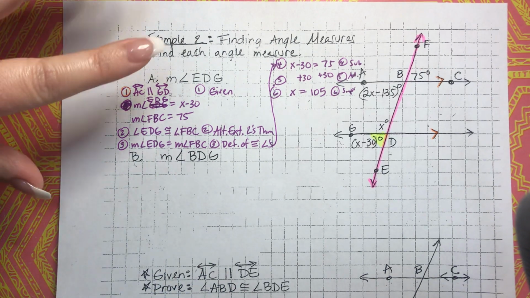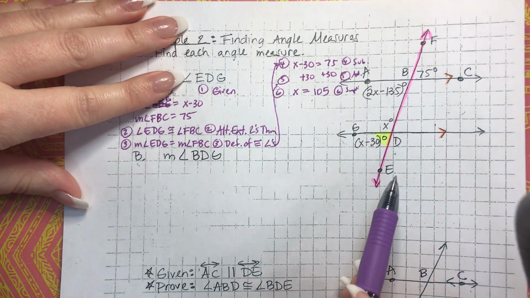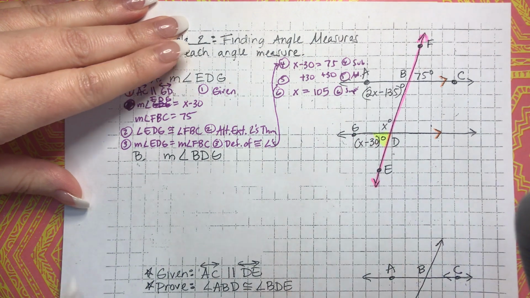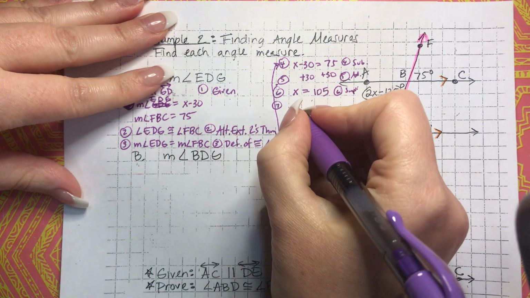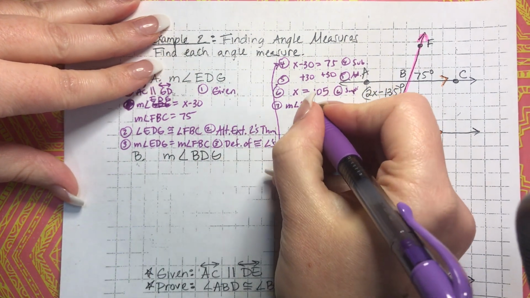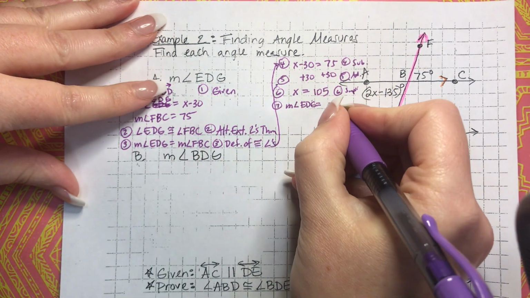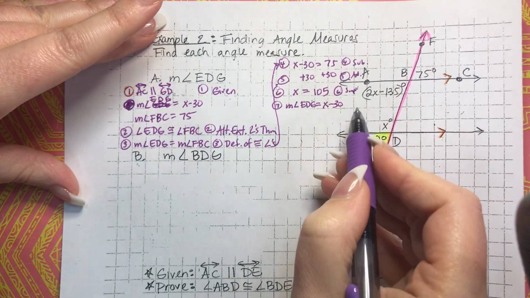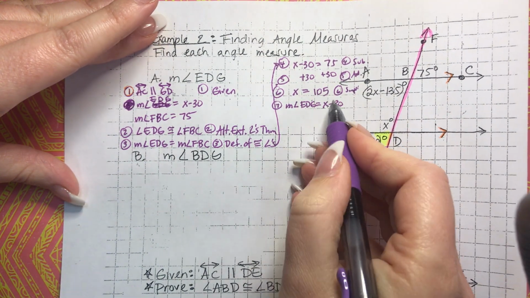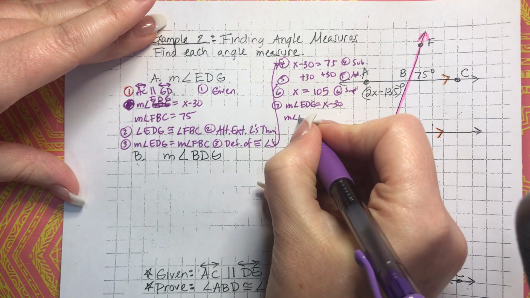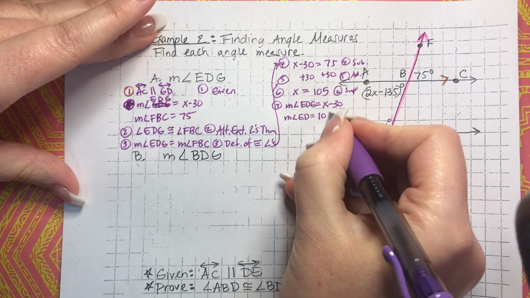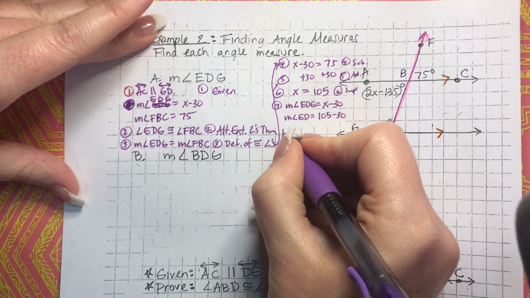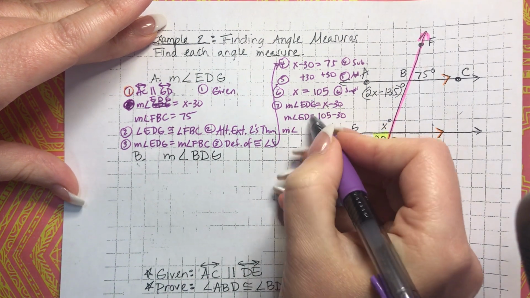Okay, but what did the problem ask? It asked for EDG. So what is EDG? EDG is x minus 30. So we're going to write that given information again. The measure of angle EDG is equal to x minus 30. That is given. Then we substitute this in and we get the measure of angle EDG is equal to 105 minus 30.